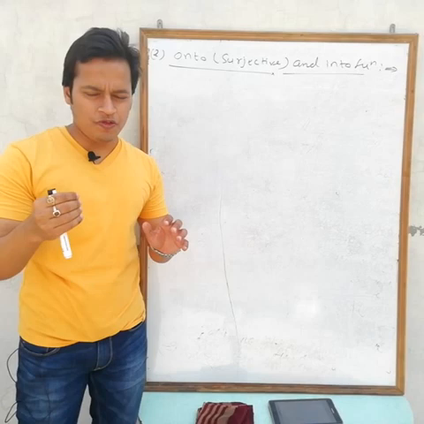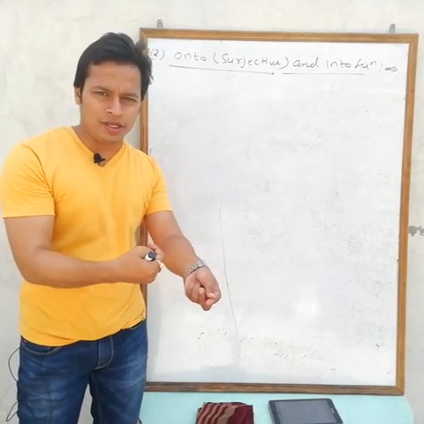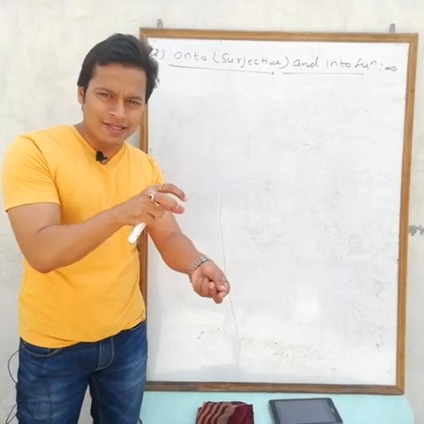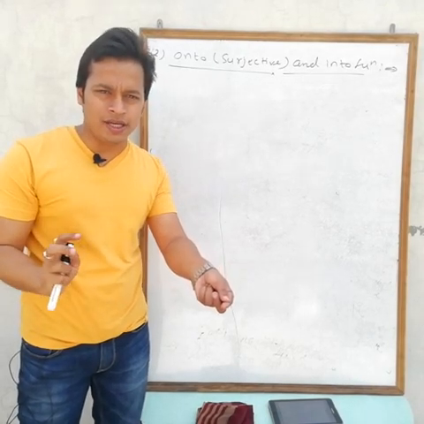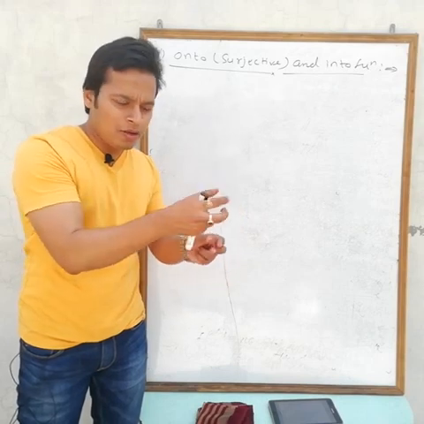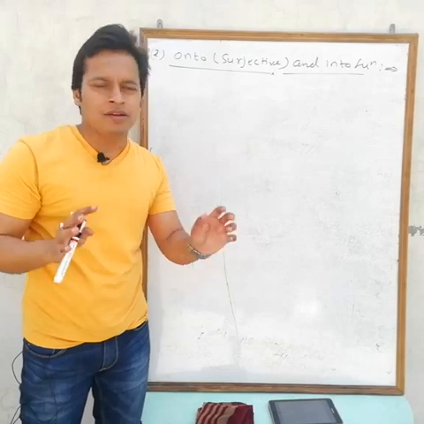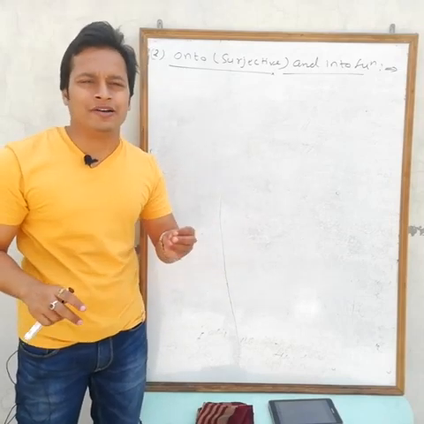Suppose for any function f from A to B, if each element in B has at least one pre-image in A, then the function is onto, otherwise into.